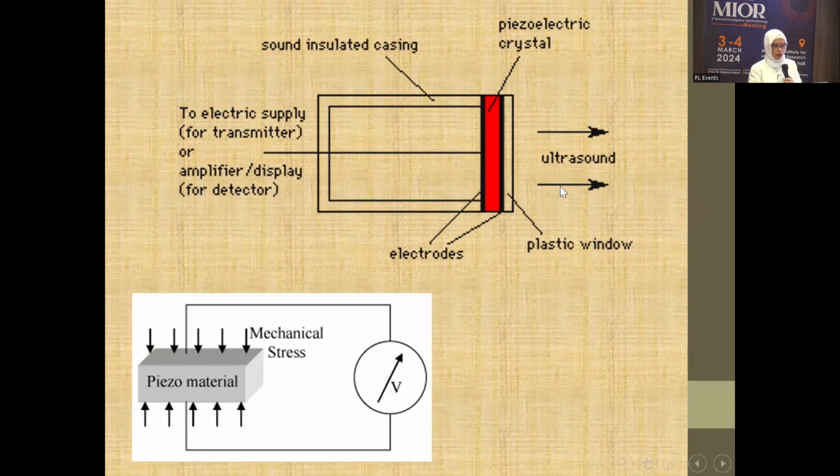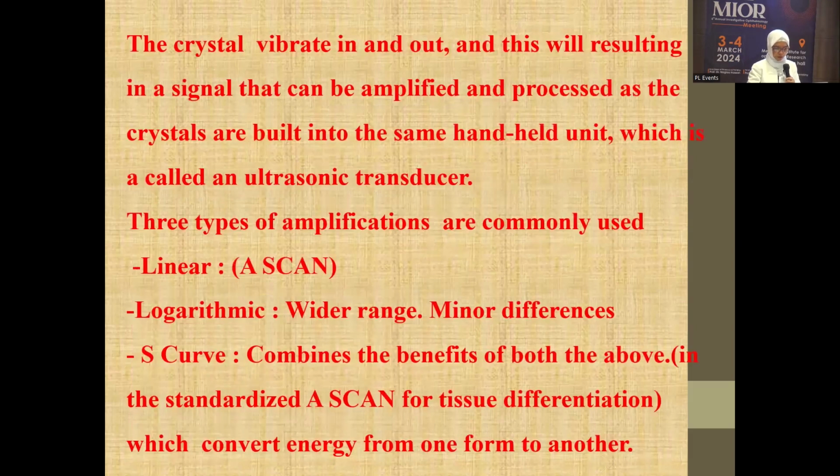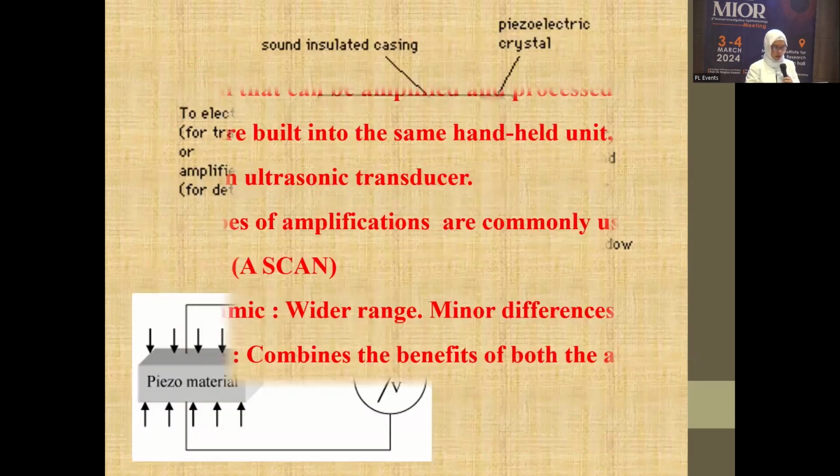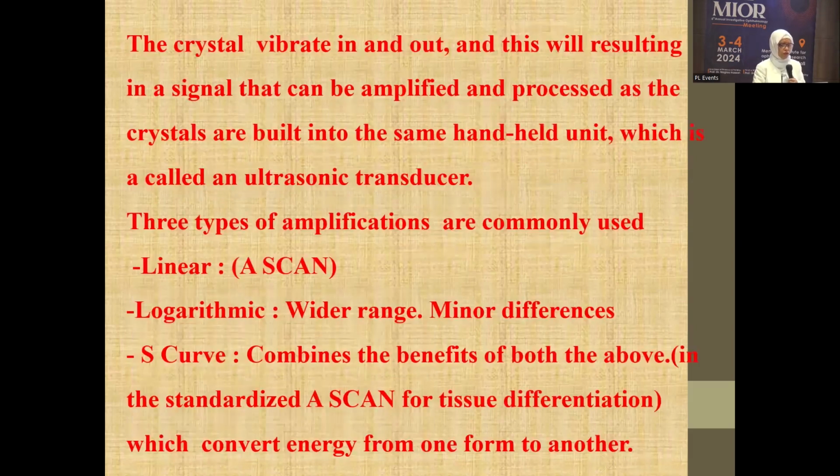This ultrasound passes through the sensor and screen, and then gives us the ultrasound photo, which may be an A scan in the form of echoes or a B scan in the form of images, okay? Hyperreflective or hyporeflective. So when this crystal vibrates in and out, this results in a signal that may be amplified or not according to the gain.